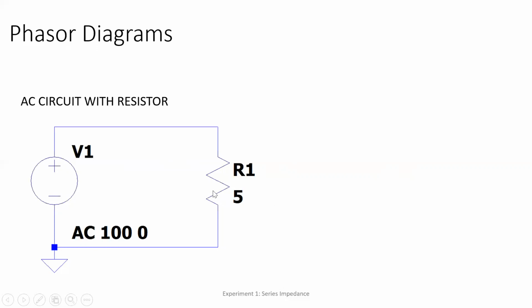So how do we solve for current? Current is still voltage over impedance. Voltage 100 at 0 degrees over 5, since there's no imaginary part, so the angle will be 0. Or you can check if you want: 5 at 0 degrees.